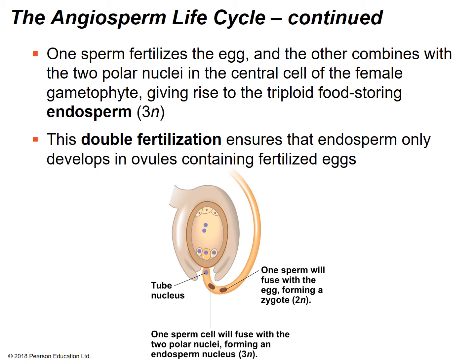Look again. As we have mentioned earlier, this is the pollen tube releasing 2 sperm cells through the micropyle into the female gametophyte. One sperm fertilizes the egg, forming the zygote, the future embryo, or the future sporophyte.